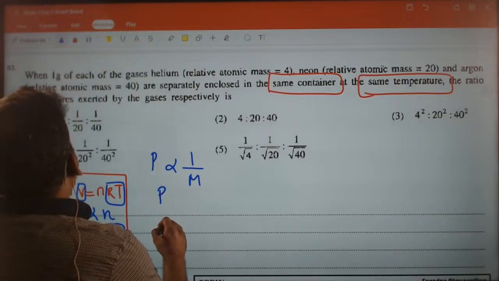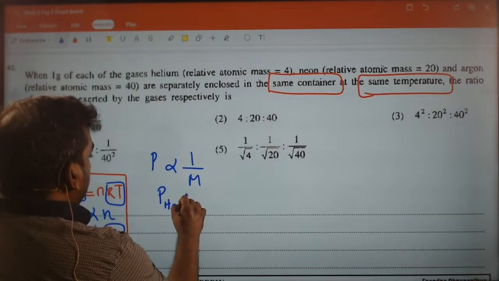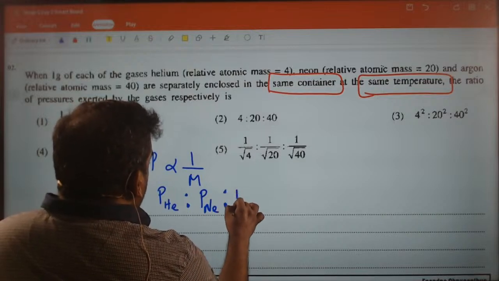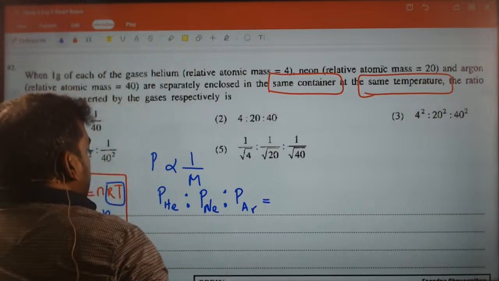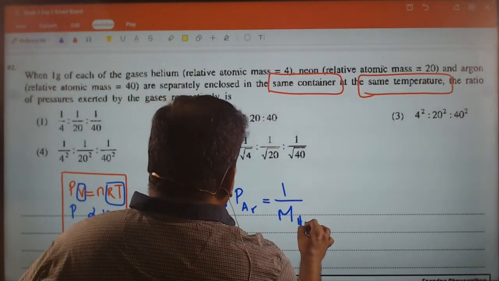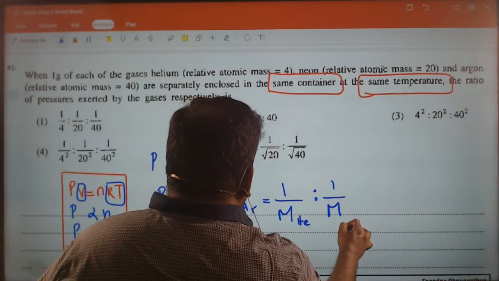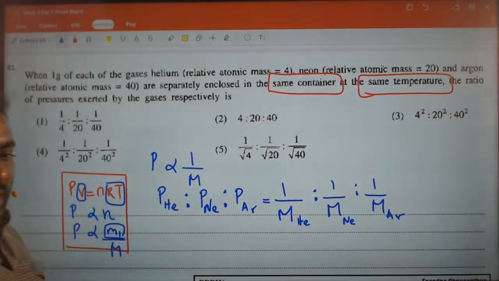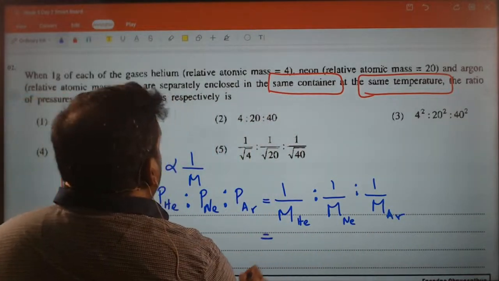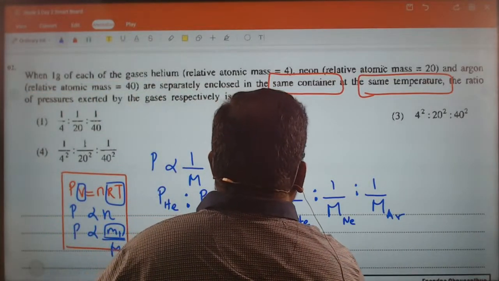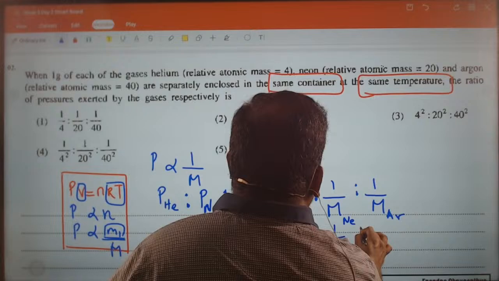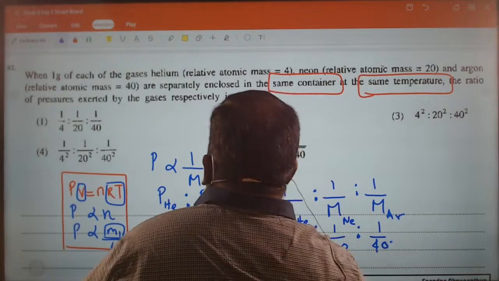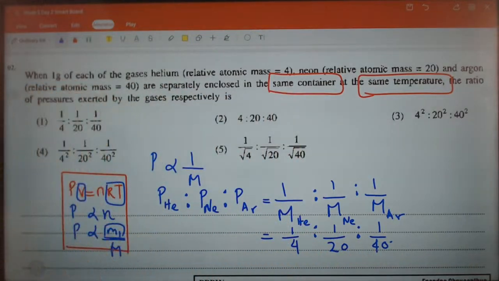So the pressure of helium to pressure of neon to pressure of argon is 1 over molar mass of helium, 1 over molar mass of neon, 1 over molar mass of argon. Here helium is 4, neon is 20, argon is 40. 1 over 4, 1 over 20, 1 over 40.